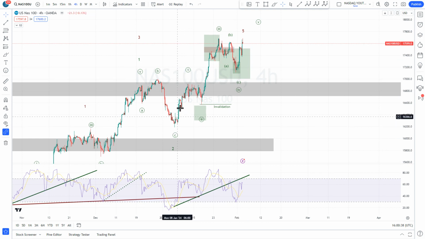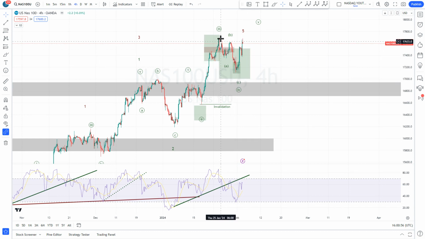We can see a wave 1 right here, a wave 2 down. Then here we have the highest RSI reading, which indicates a wave 3. Then here we had a nice zigzag pullback played out like forecasted.